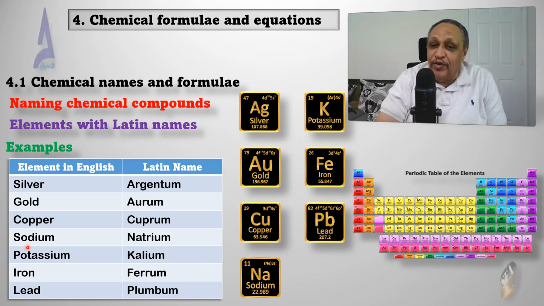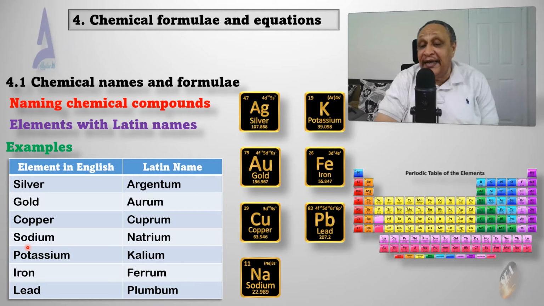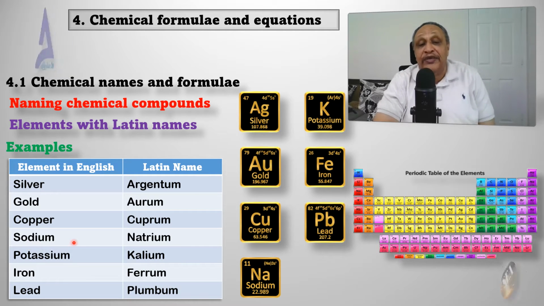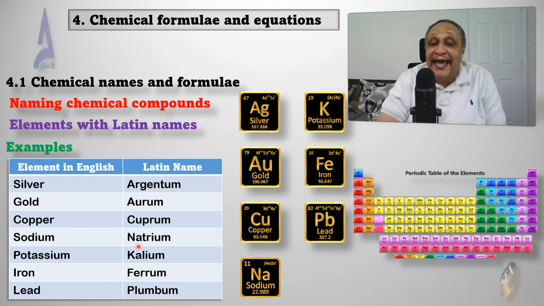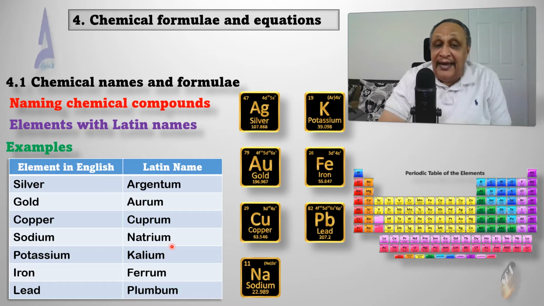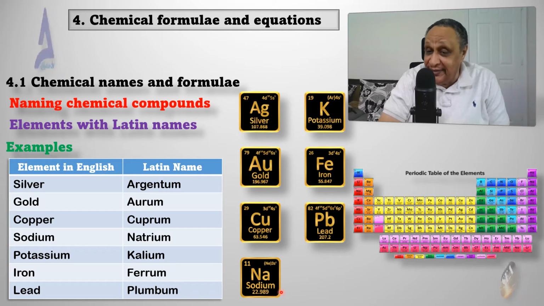Sodium: we don't have So or Sd, because both of them are used for other elements. So we use the word natrium, the Latin name of sodium. And this is why sodium is Na, not So or Sd.